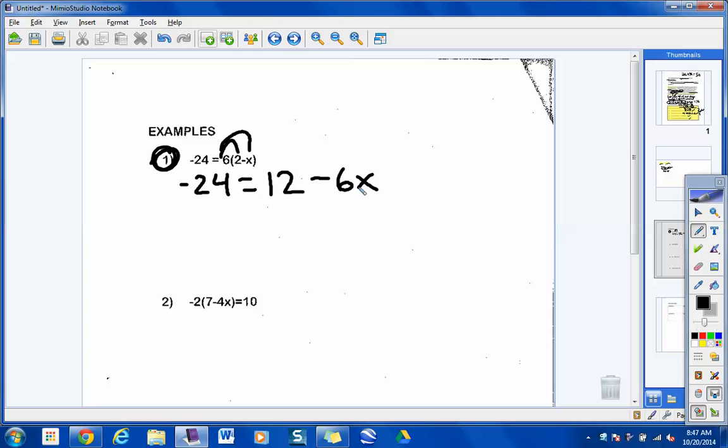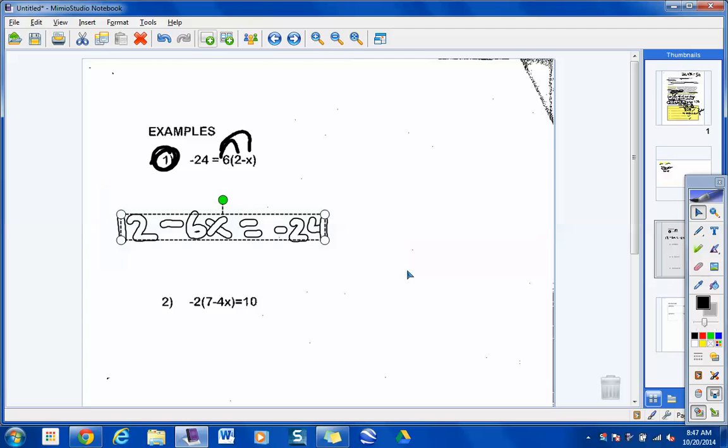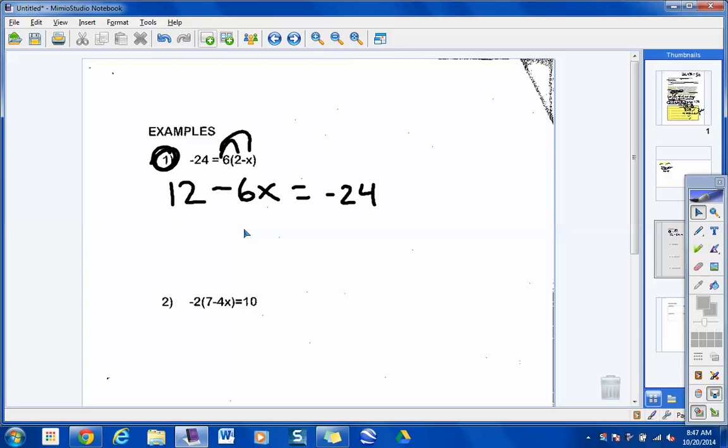Is it okay for me to take what's on the left side and the right side and switch them around? Yeah. So I can take what's here and move it to the left, right? Yeah. And I can take what's here and move it to the right, can I? Guys agree that that's okay to do? Yes.